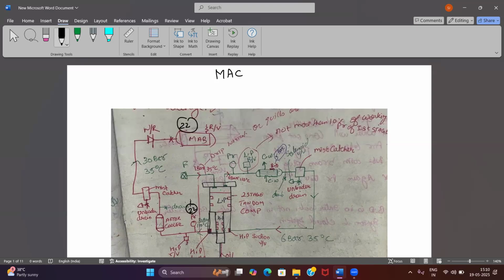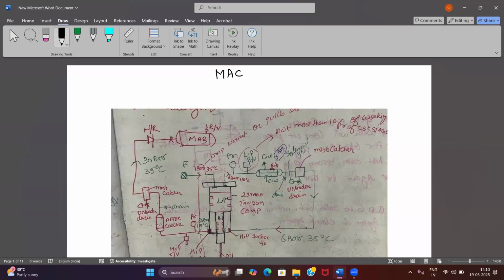Slowly this will increase, reach 23, 24, 25, and when the air bottle pressure reaches the cutoff pressure you have kept, say 28, at 28 bar it will shut off. So it will always show you approximately the bottle pressure.